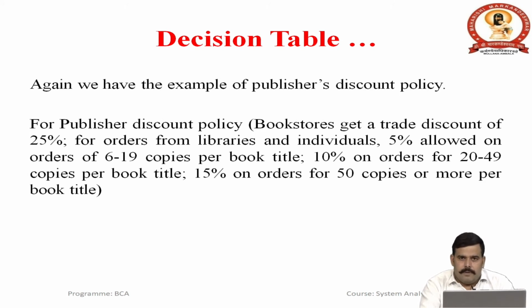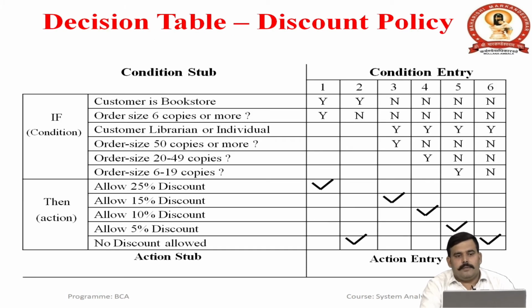Again we have the same example, the same publisher discount policy, and there is no need to repeat it, as it is on your screen. Now we will create a decision table based on that publisher discount policy. That is the decision table for the discount policy, and you can easily see there are 4 quadrants: the condition stub having the conditions, the action stub having the actions, the condition entry and the action entry.